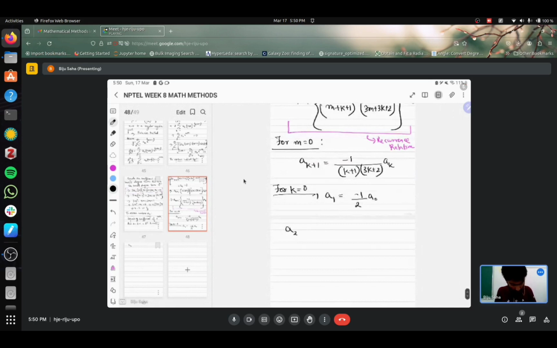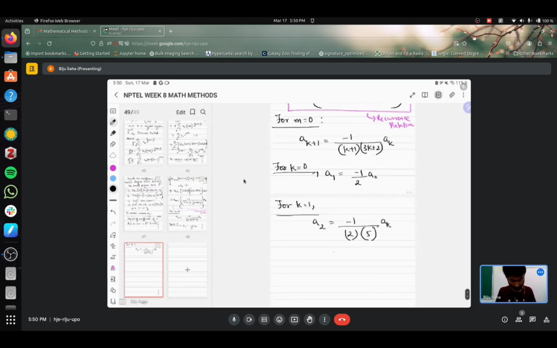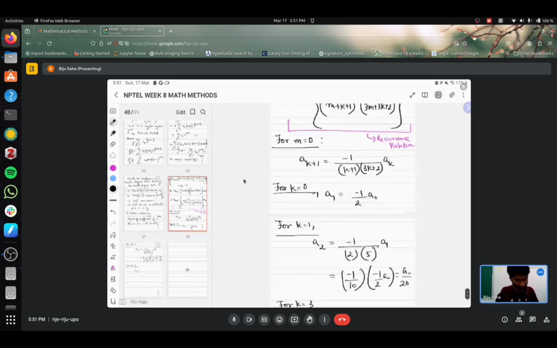and for k equal to 1, for k equal to 2, and for k equal to 3, you have this.